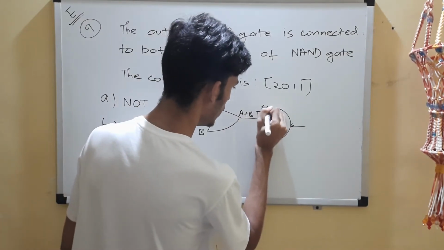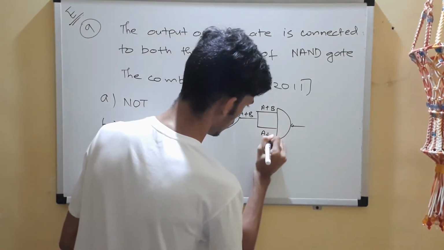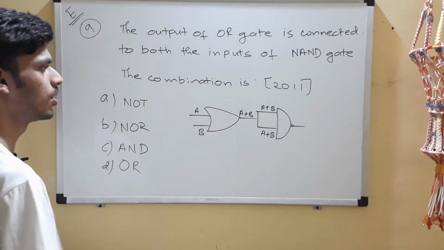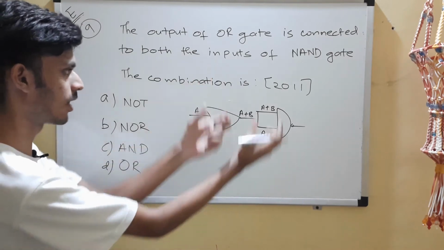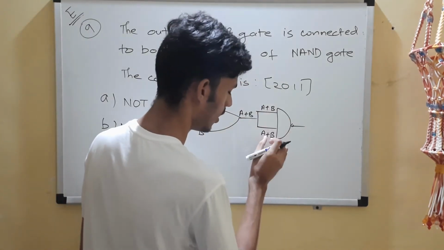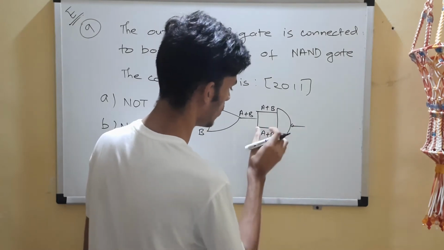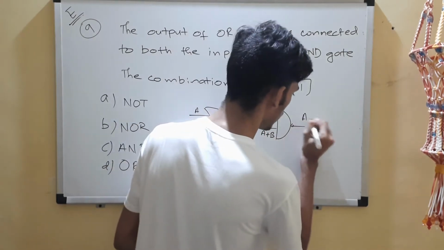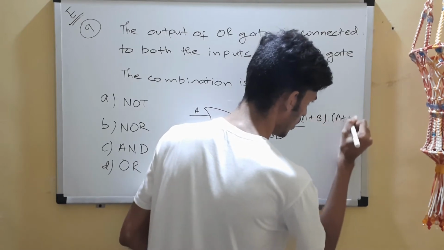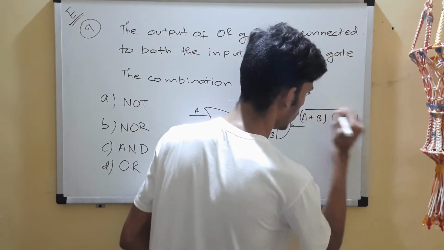Now A plus B will go as inputs to your NAND gate. Here it will just take the product of the inputs and complement, right? For a NAND gate, it's A into B, the whole complement. So (A plus B) into (A plus B), the whole complement.